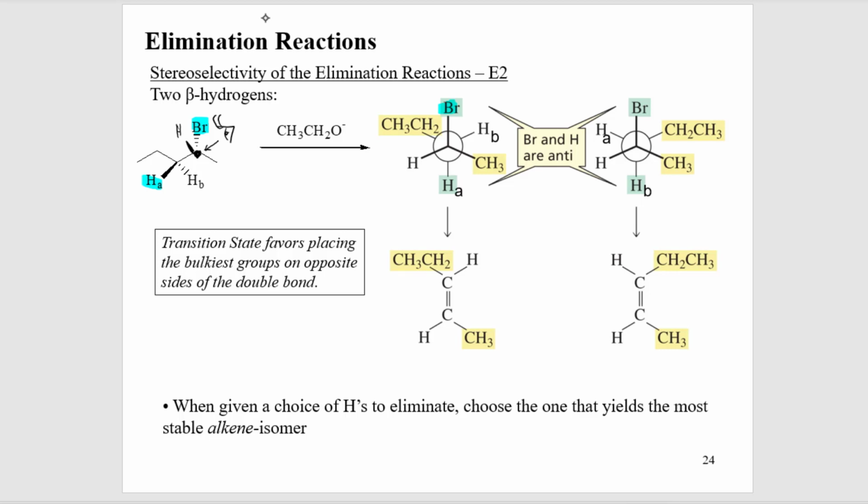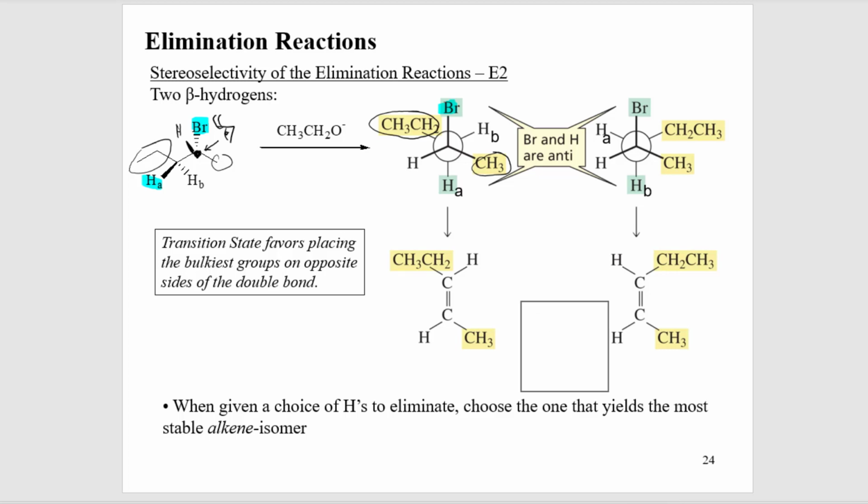If you could decipher between them, you would see that one of them, when you're looking at the Newman projection, places the ethyl and the methyl, the ethyl in the back and the methyl in the front. Notice that when you're plucking off one of those hydrogens, those two groups are oriented also anti to one another.